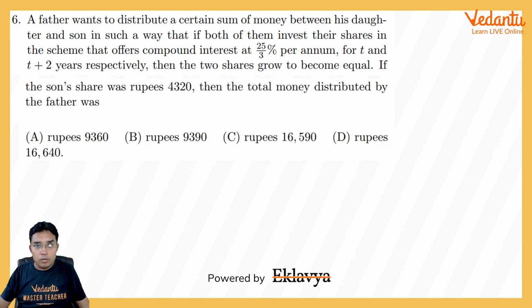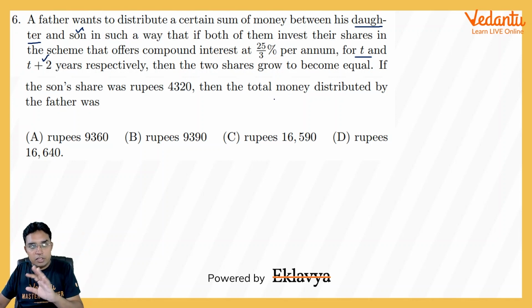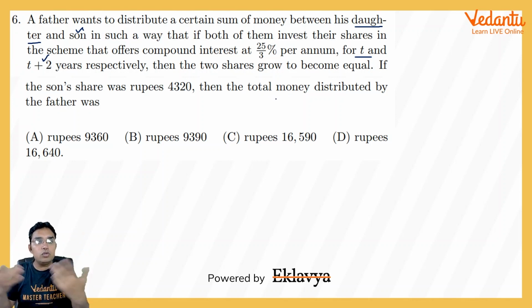Okay, now the daughter is given the amount which she will be investing for T years, and the son will be investing it for T plus 2 years. After T years and T plus 2 years respectively, their shares grow to the same amount.